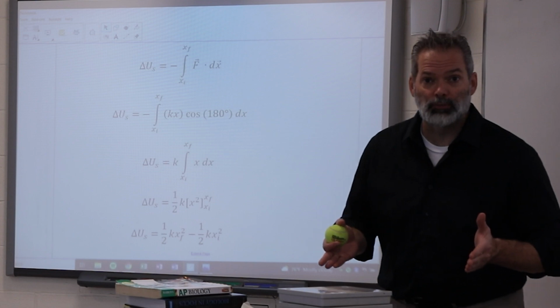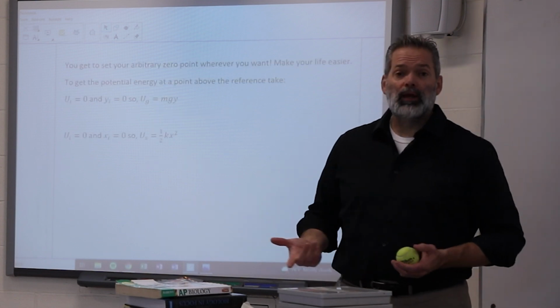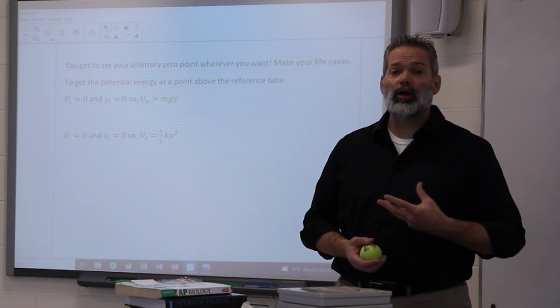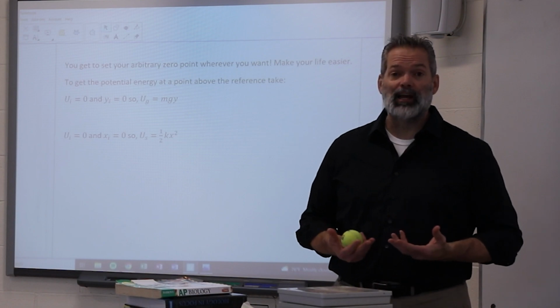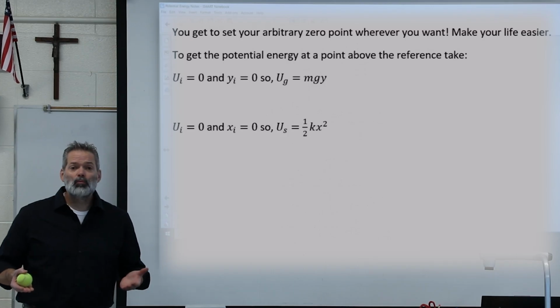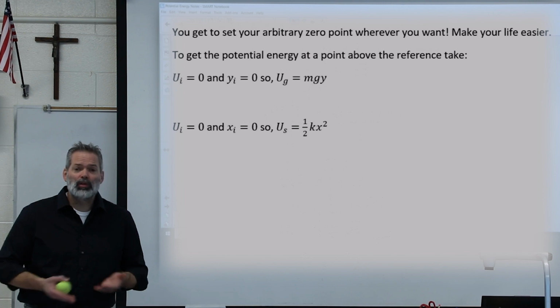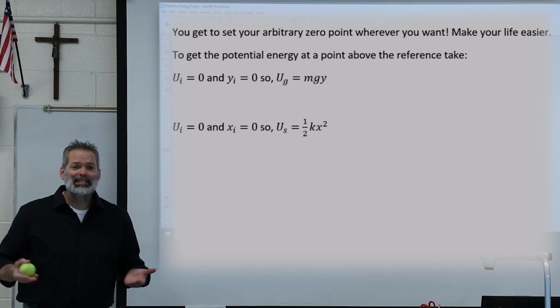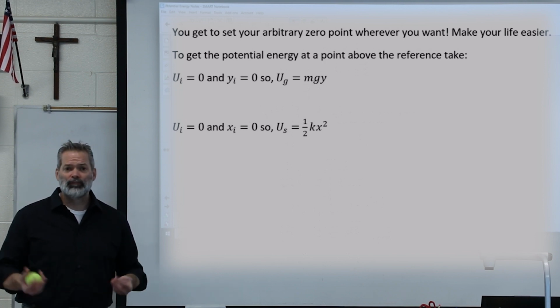Don't forget your algebra. Lastly, I want to point out that you get to choose where you want your arbitrary reference line of 0 to be. Choose somewhere that makes sense for your problem so that one of your values is 0, either the initial or the final.